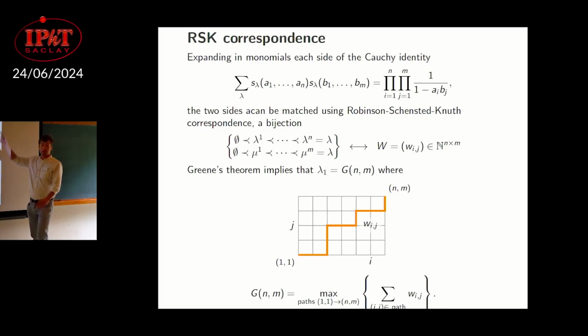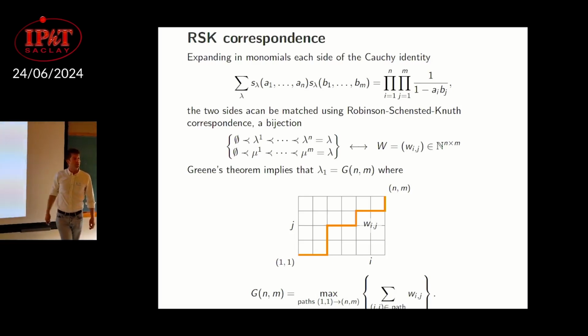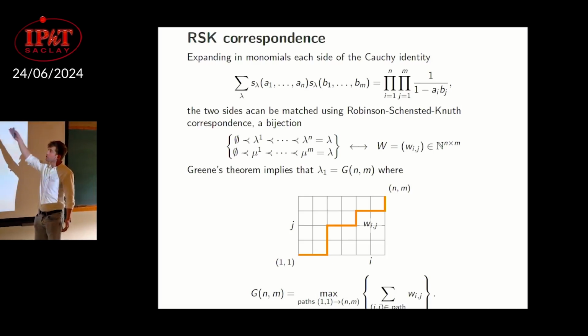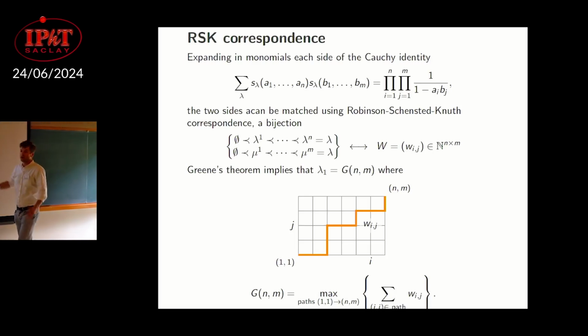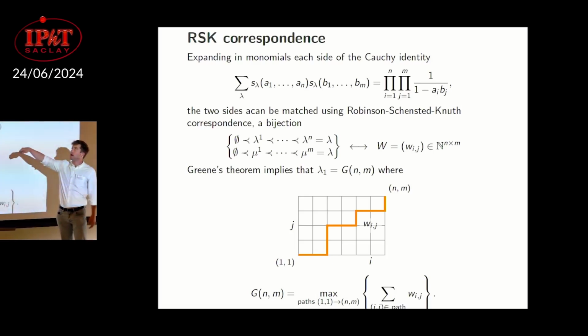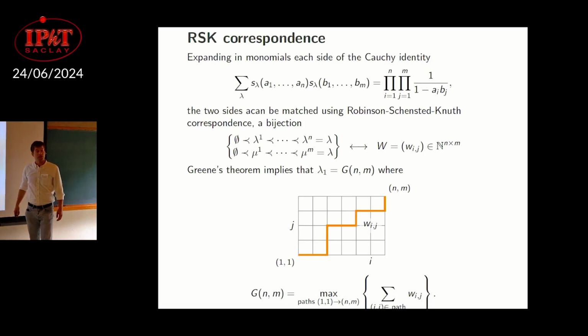Since there is an equality between the two things, there must be a bijection between those monomials on each side, and one way to relate the monomials is called the Robinson-Schensted-Knuth correspondence, which is indeed a bijection between sequences of interlaced partitions and matrices filled with integers of size n by m.